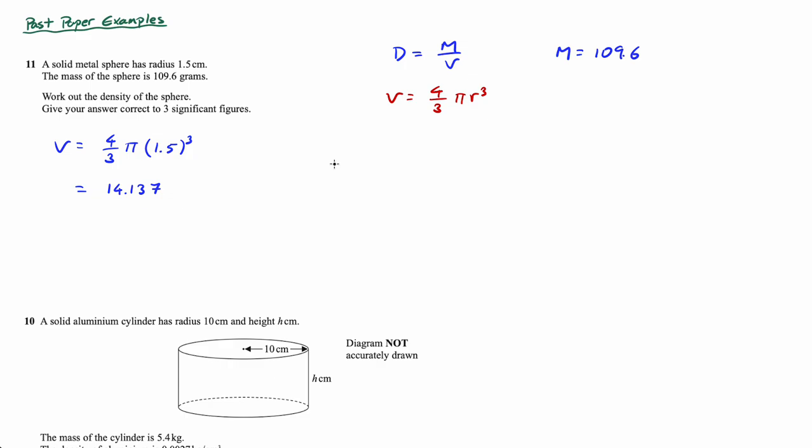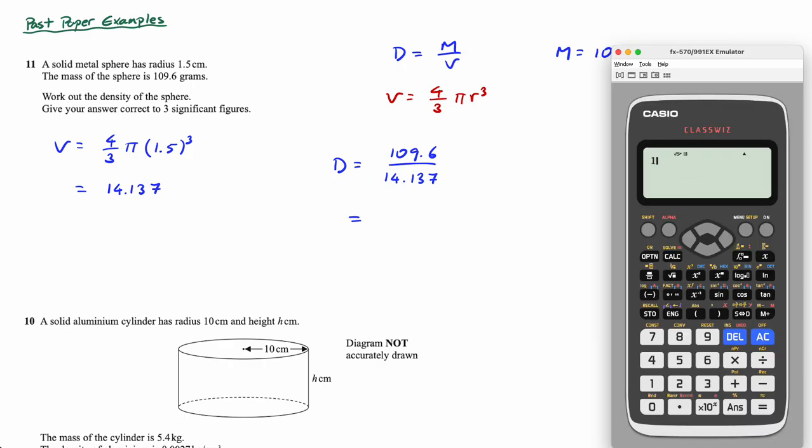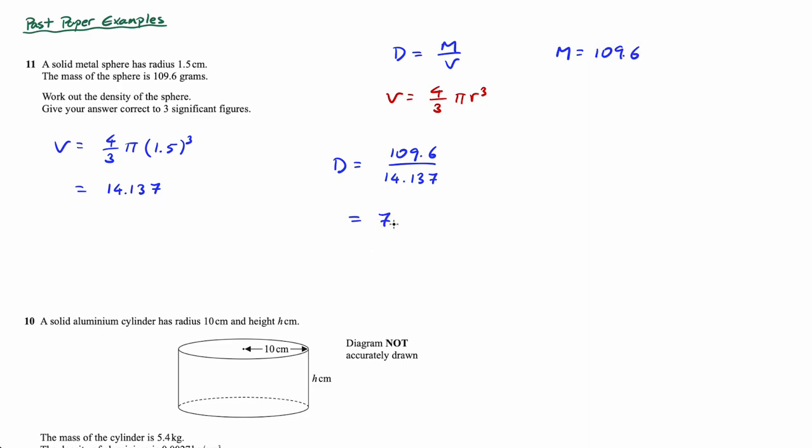So that's the volume. Now I have the mass, which is 109.6, and the volume, which is 14.137. I can find the density pretty easily by doing 109.6 divided by 14.137, and I get 7.75 to 3 significant figures.